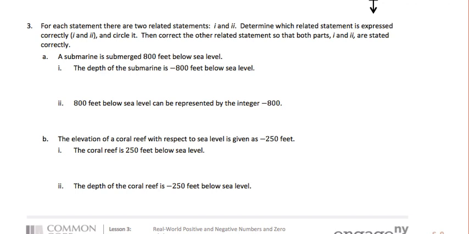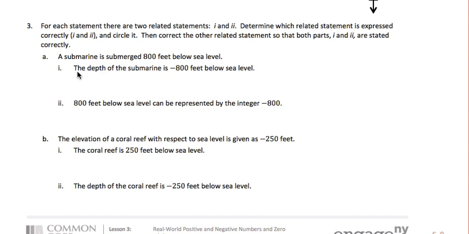Next, in exercise 3, we have 2 related statements for each statement, and we have to determine which related statement is expressed correctly and then correct the other related statement so that both parts are stated correctly. So statement A, a submarine is submerged 800 feet below sea level.